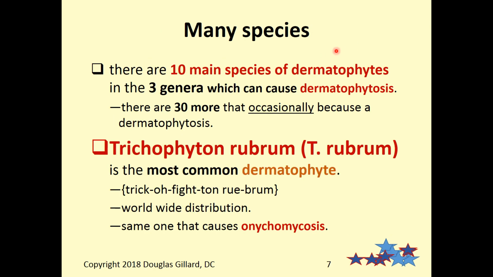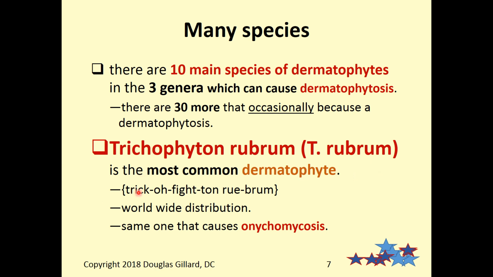There are 10 main species of dermatophytes in these 3 genera, which are all dermatophytes. There are about 30 other ones that can occasionally do it. We're not even going to think about those. In fact, we're just going to really focus on Trichophyton rubrum, or T. rubrum, because that by far, again, is the most common dermatophyte.